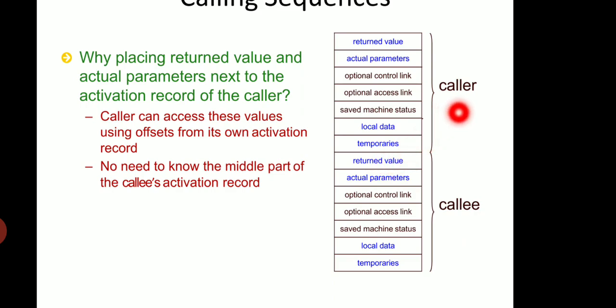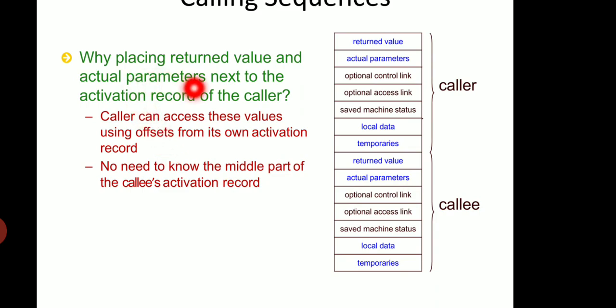So always the callee's activation record will be next to the caller. I already told that up to the saved machine status field of the callee's activation record, the caller has got access. The caller is filling all these parts: return value, actual parameters, optional control link, optional access link, and saved machine status.